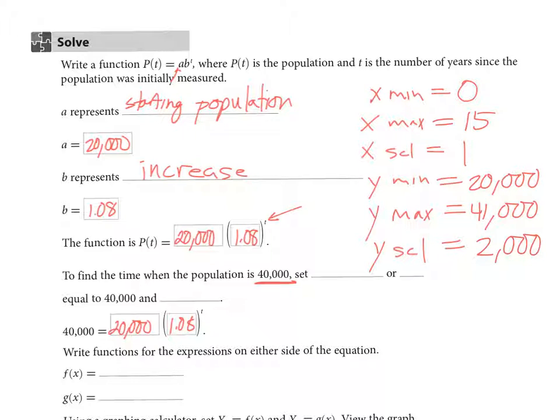Okay, so second, trace, calculate number 5, and then just press enter 3 times. And where did they intersect at? Where x was equal to what? It's like 9.006468 3 blah blah blah, right?